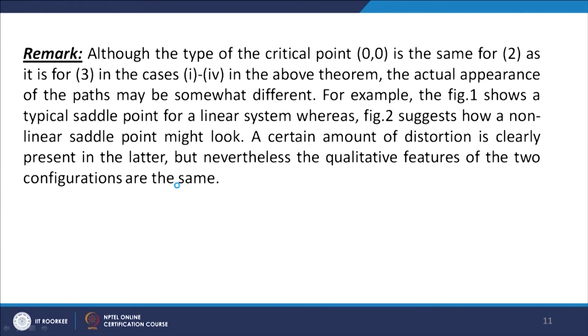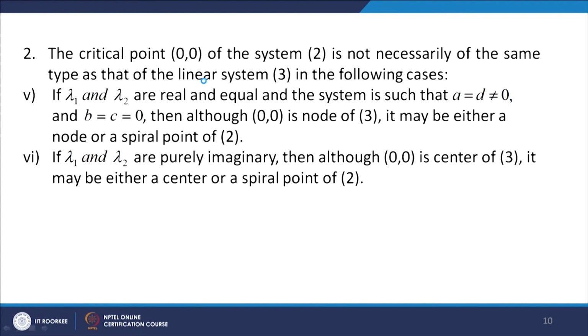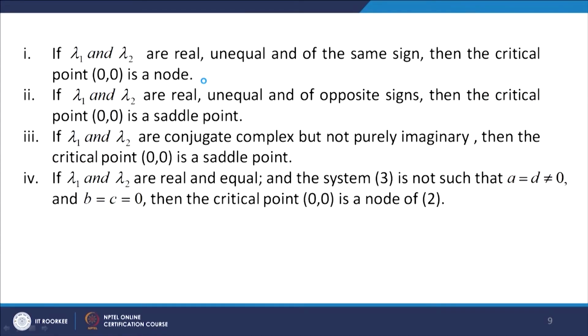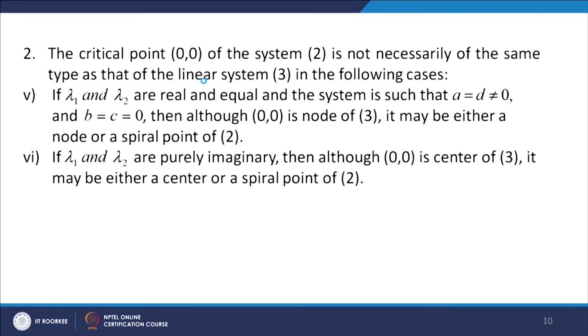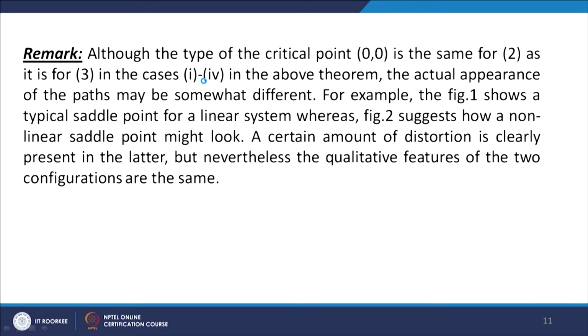Now, let us look at this remark. Although the type of the critical point 0 0 is the same for 2 as it is for 3 in the cases 1 to 4 in this theorem, the actual appearance of the paths may be somewhat different.